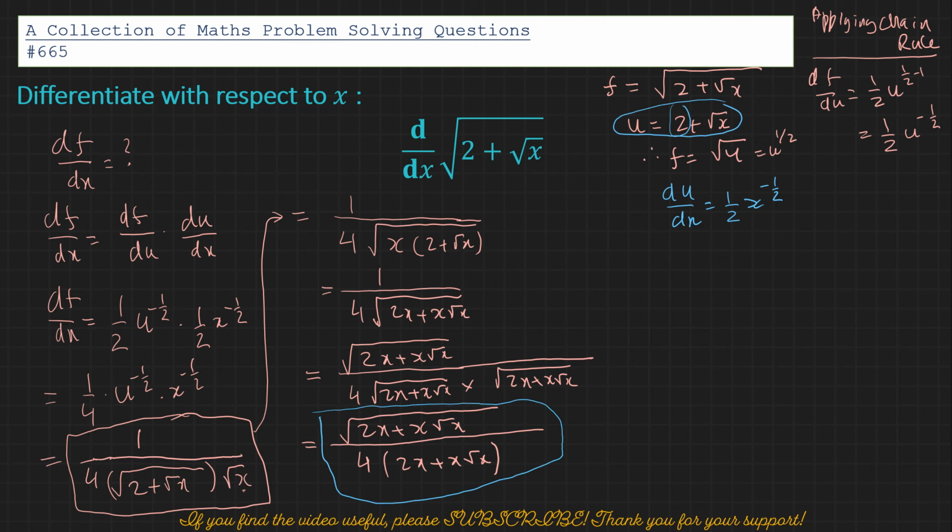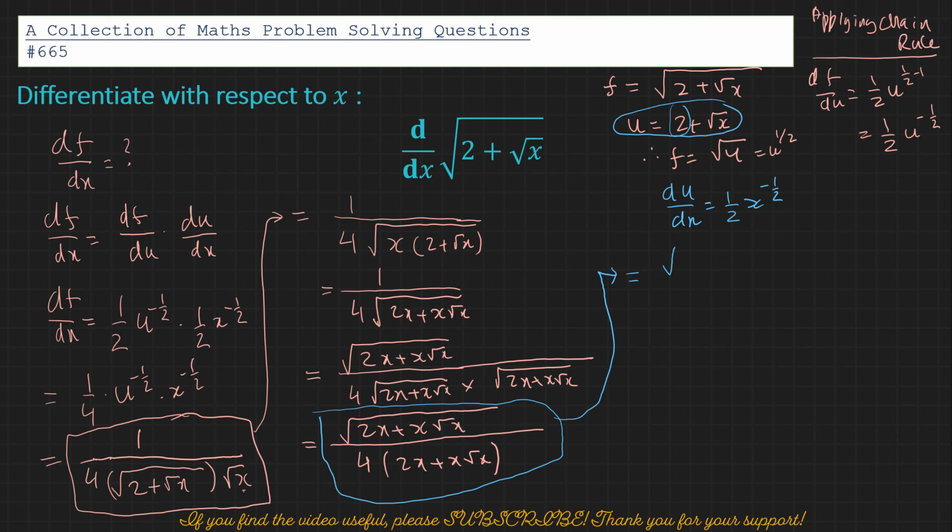But we know a bit more maths, so we can go one step further. What we can do is multiply numerator and denominator by 2x minus x root x. So we are rationalizing the denominator.